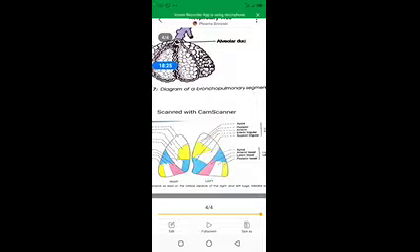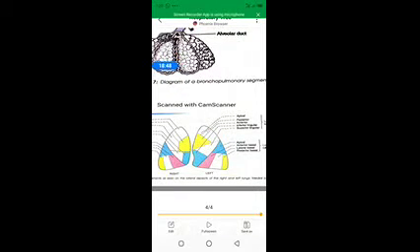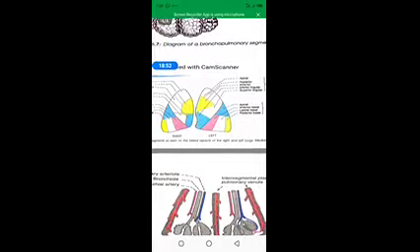There is no medial on the lower lobe of the left lung. There is anterior, posterior, apical, superior and lateral. So this is the division of bronchopulmonary segments.